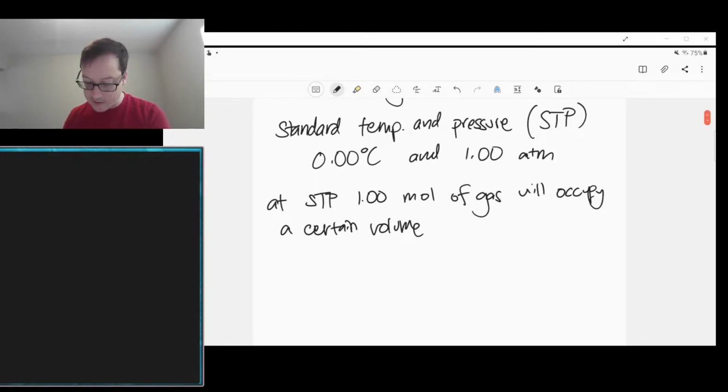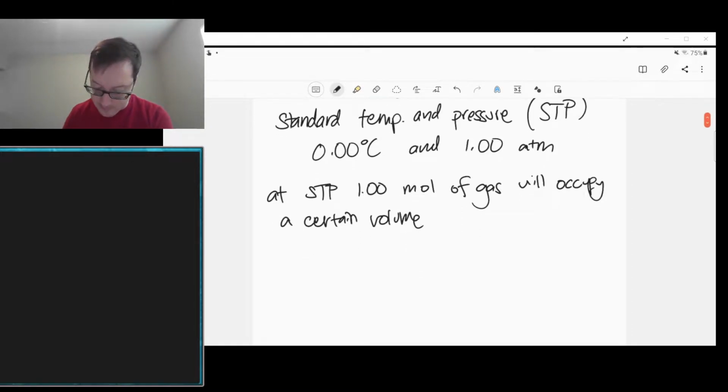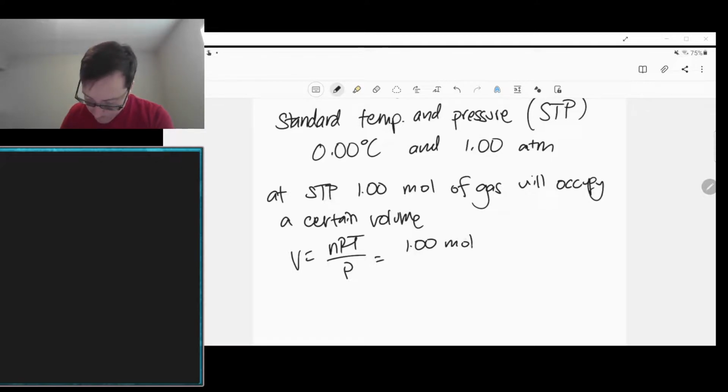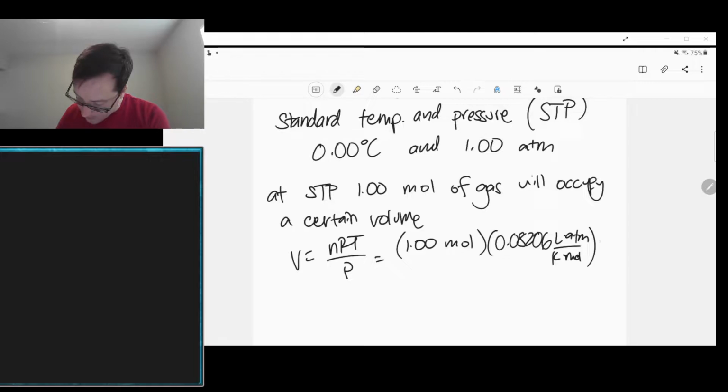And so we're going to see that if we calculate the volume, it'll be nRT over P. So 1 mole, 0.08206 liter atmosphere per Kelvin mole, and then we have 298.15 Kelvin over 1 atmosphere.